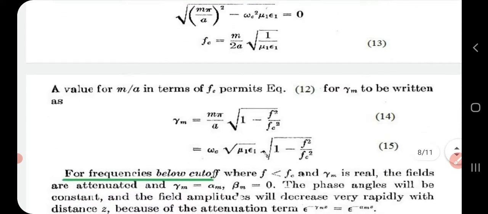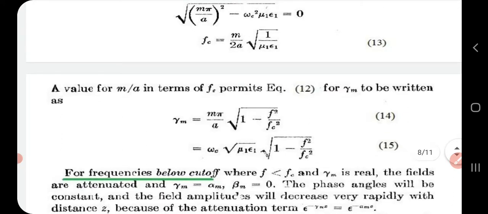In terms of critical frequency, we can write the value of m pi by a as follows, or in terms of critical frequency and the integer m, the complex constant, that is gamma, can be represented as equation 14 or by equation 15. It is better you can write only equation 15.